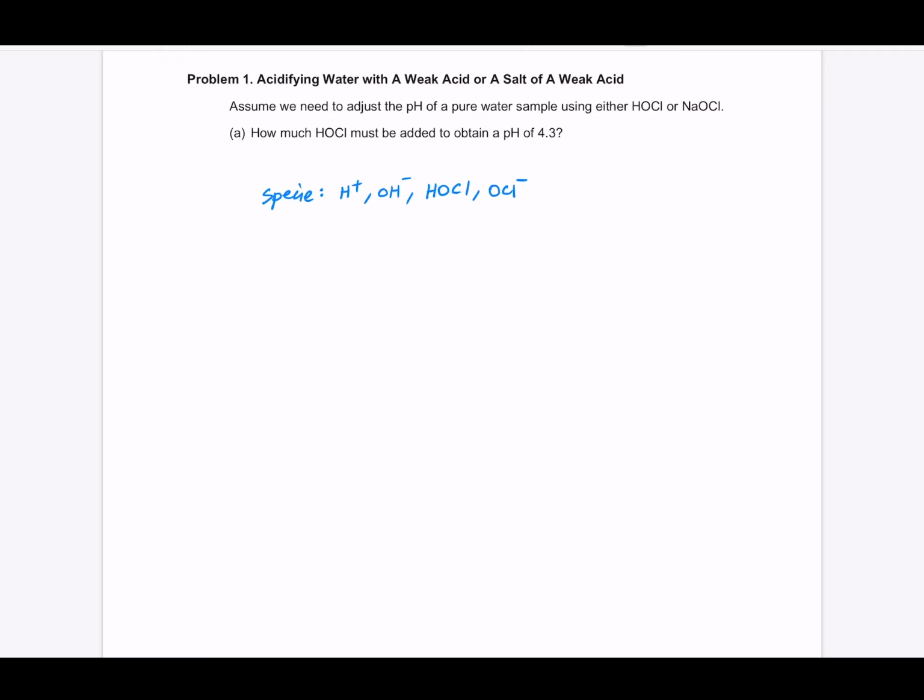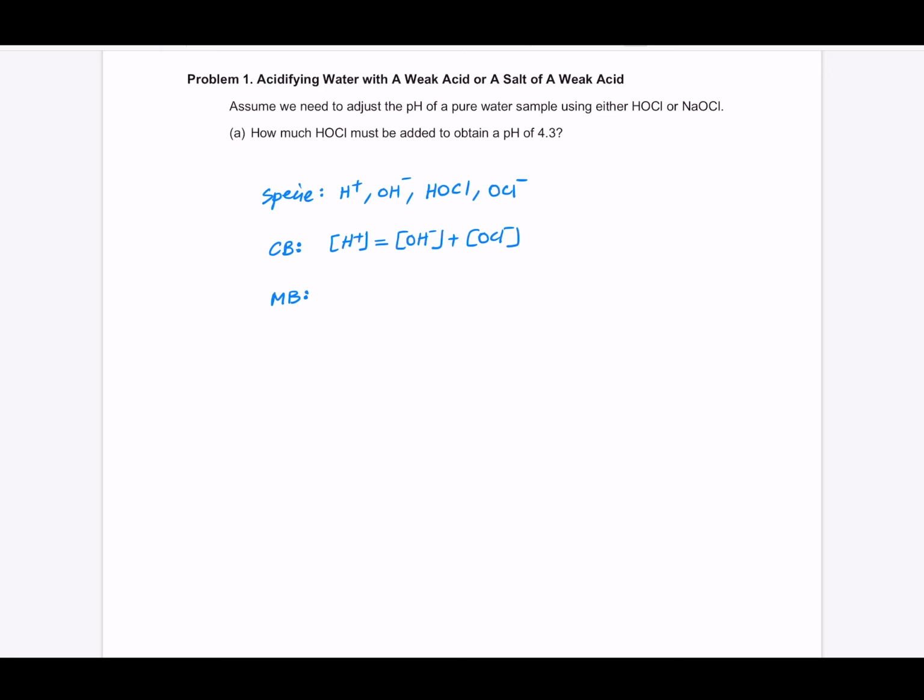So after species, we always talk about charge balance based on the species: the combination of all the positively charged species is equal to the negatively charged species. This was the OCl minus. Then we always have this mass balance for closed systems.